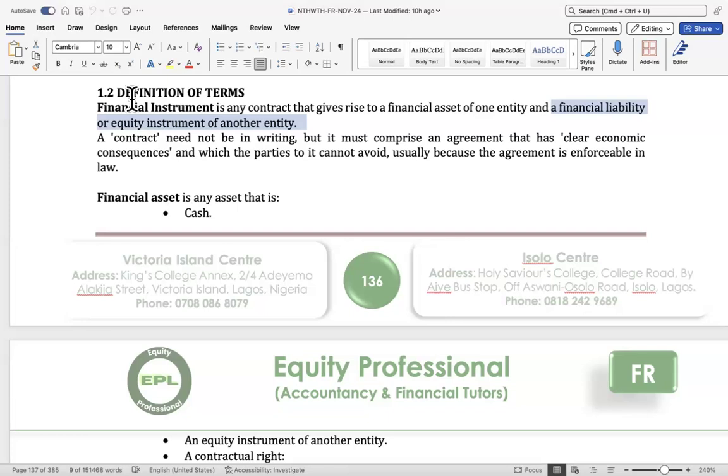And you see, to identify the party that has a financial asset is quite straightforward, because this party is always the investor. It is the investor that would always have a financial asset. I will define financial asset to you in a jiffy.